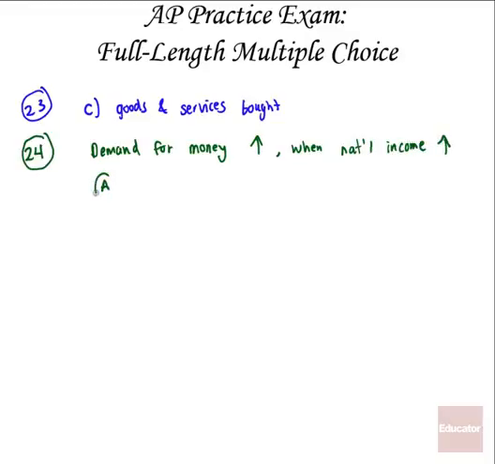And really it's self-explanatory because the spending on goods and services goes up as well. So you have more money, so your demand for money is going to increase because the price level has increased, and so therefore you're going to have an increased demand for actual money.